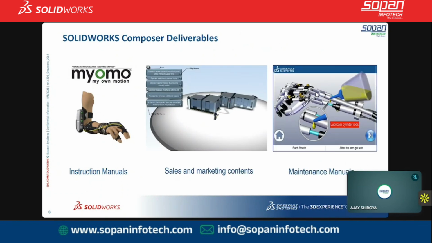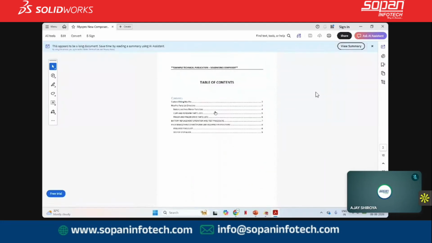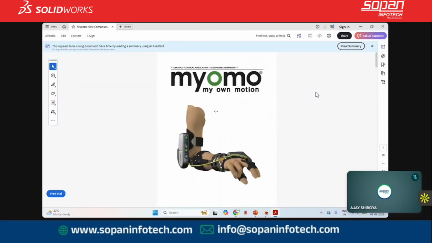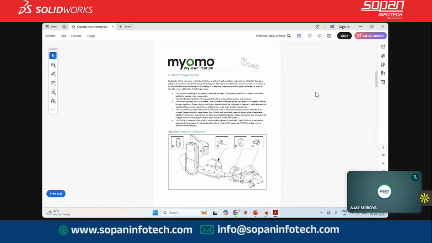Whether it is about instruction manuals, let's say I want to create an inspection manual around this. How will it work? We can create these kinds of parts and views to identify, and we can give detailing views also.